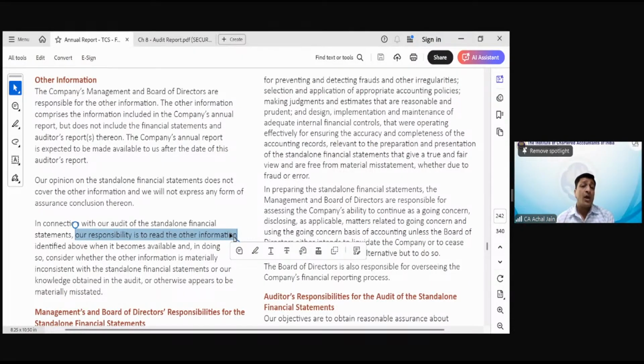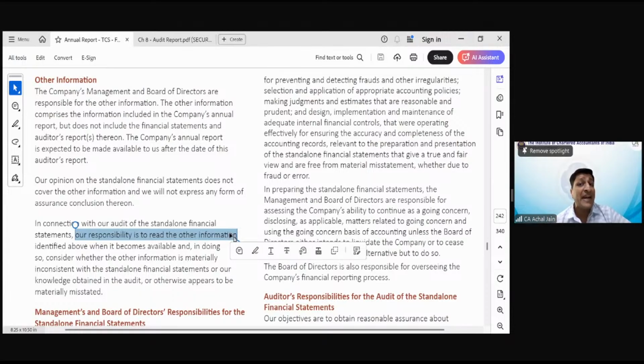Here again, please understand that auditor is only going through that other information. He is not auditing that. And why is he going through that? So that he can check that numbers at two places are same. Consistency is there. So he's just trying to ensure the consistency at two places. That is the objective.